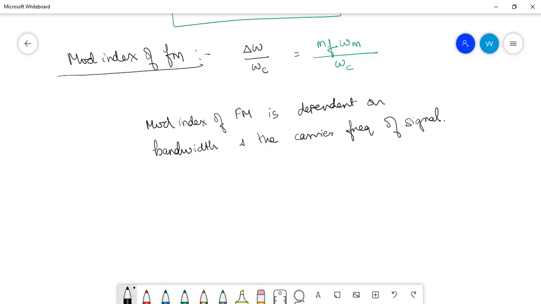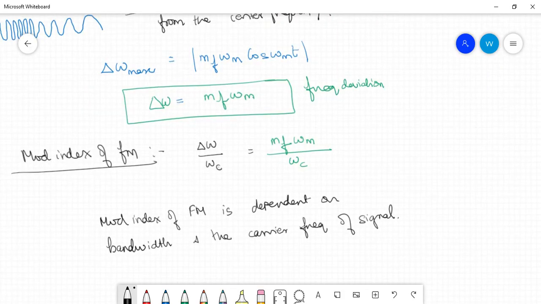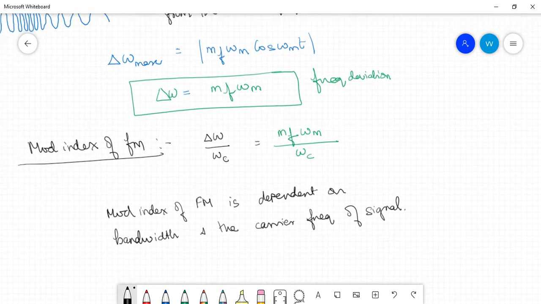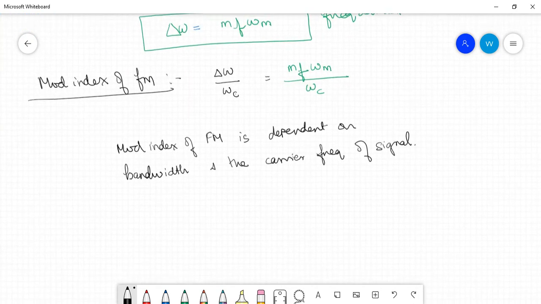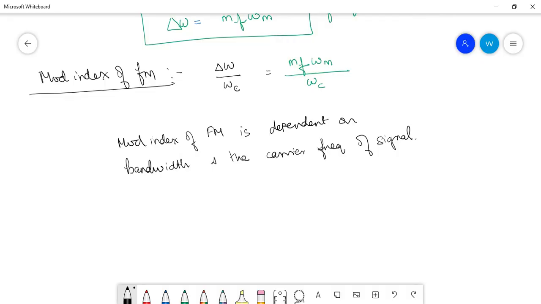Now say somebody were to increase the bandwidth of this signal, keeping the center frequency constant, the modulation index will be higher. If you are increasing the bandwidth, you are increasing omega m. So your modulation index now becomes basically mf omega m upon omega c.